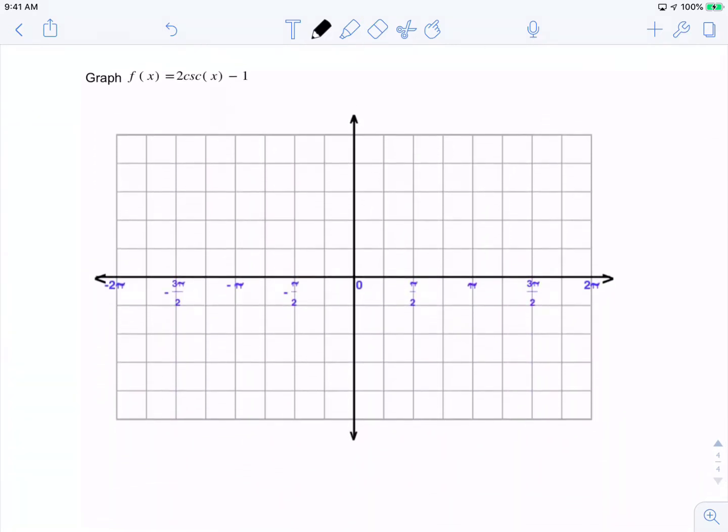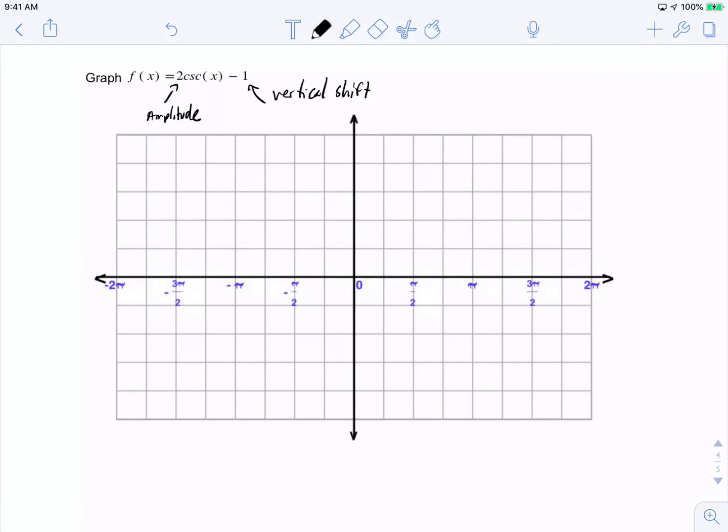So in this problem here, we see that we're going to have, again, an amplitude, and we're going to have a vertical shift. And that vertical shift is going to take us down a value. So in order to graph this problem, we're going to have to do some cool calculations. So again, with cosecant, it's when sine is 0 that we have vertical asymptotes.